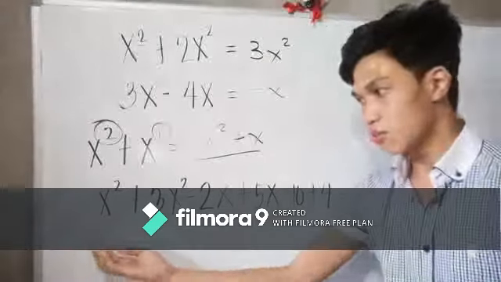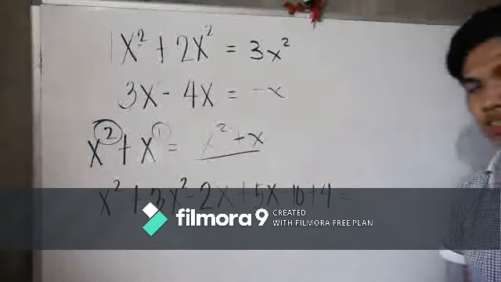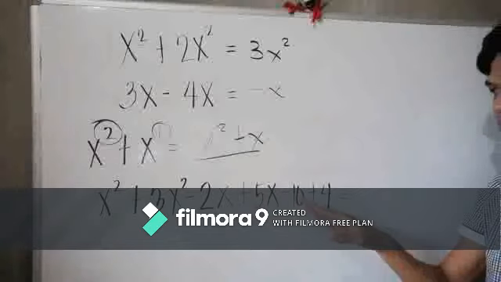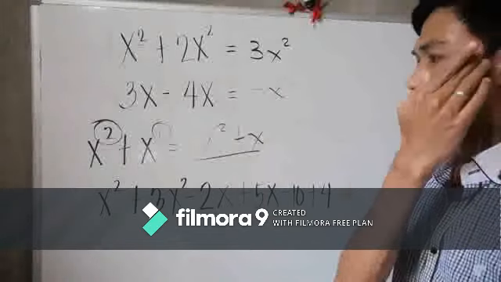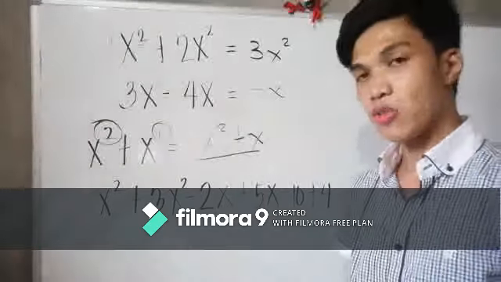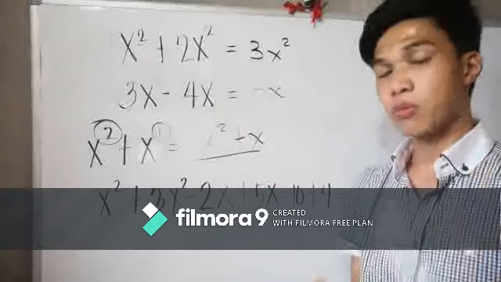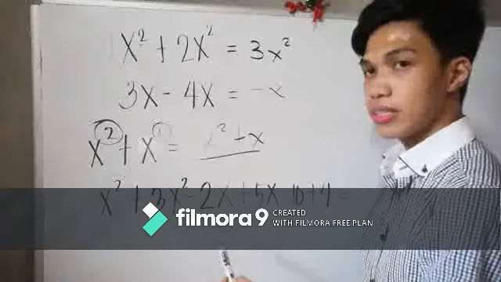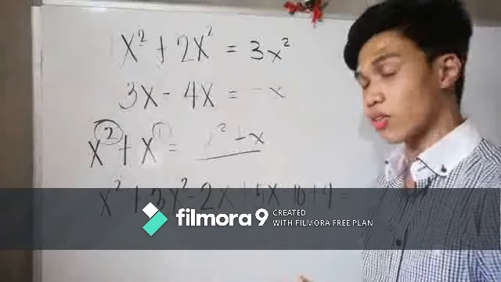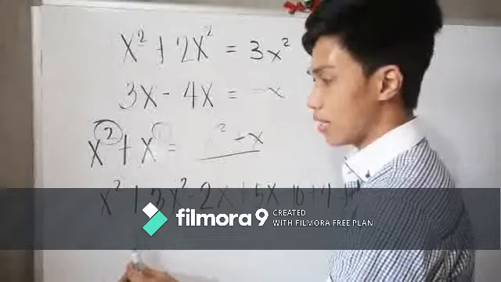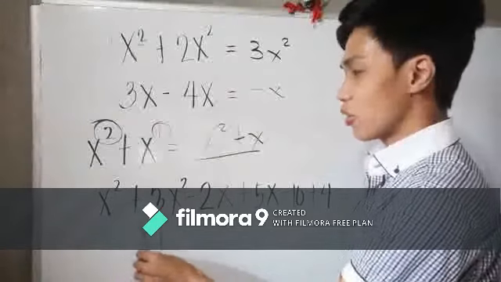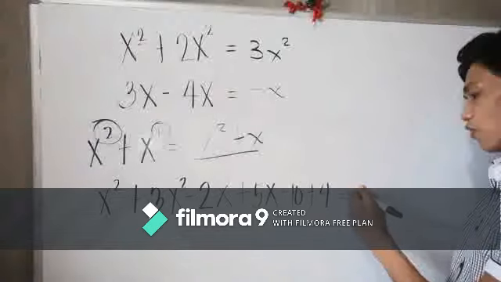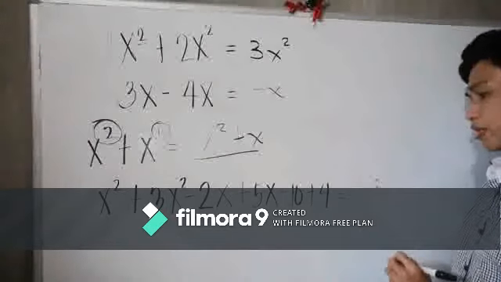So now let's move on to our expression. x squared plus 3x squared minus 2x plus 5x minus 10 plus 4. Again, we need to look if the exponents are the same. So x squared and 3x squared, we can add those two. x squared plus 3x squared would be 4x squared.